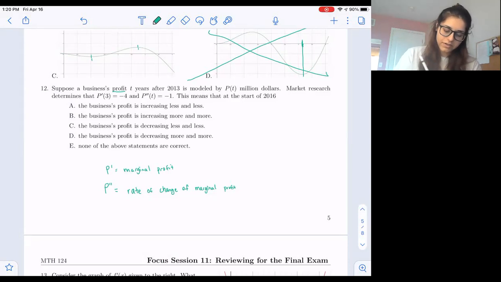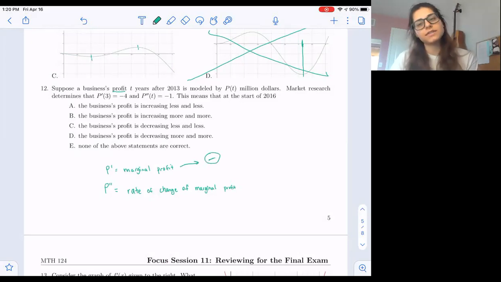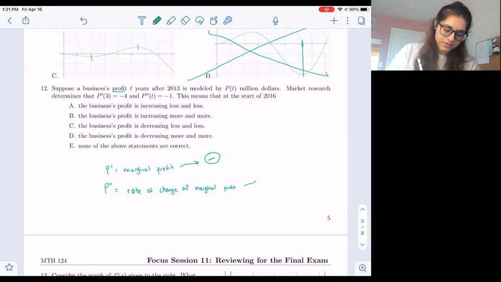Our first derivative gives us the marginal profit, and they're telling us that this is negative. Don't worry about the 4, it's just negative. The double prime, or the second derivative, is the rate of change of marginal profit. Remember that the second derivative is the rate of change of the first derivative. Again, they told us it's negative.